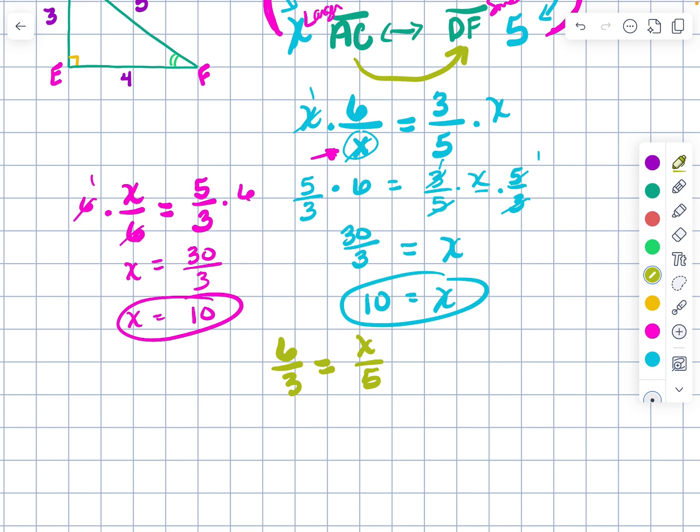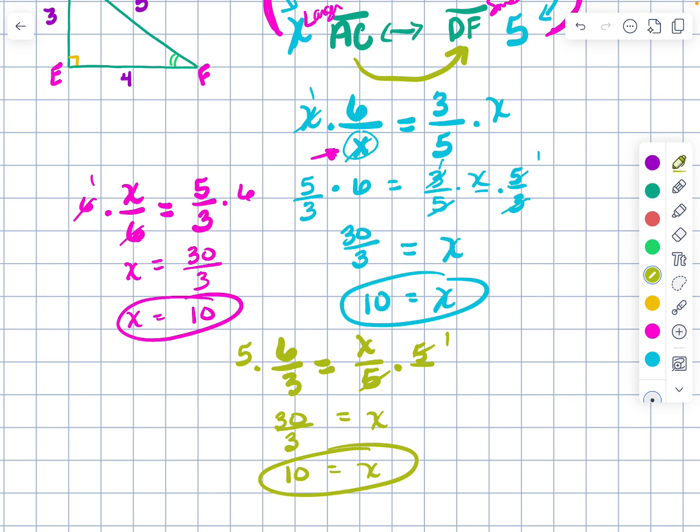So now I'm going to multiply both sides by 5. And I get 5 goes into 5 one time, and I'm left with x here. 5 times 6 is 30, again divided by 3. 3 goes into 30 10 times. X is 10. And there are other ways you can set this up as well.